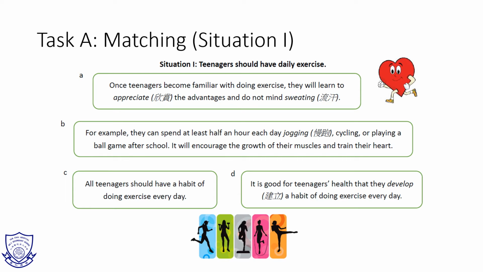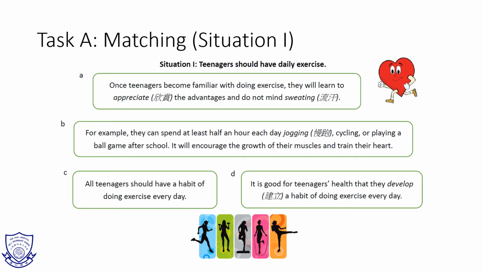Take a look at your worksheet and you should find Task A, Matching. In Task A, you have 2 situations to work with, and I hope that after you do Task A, you have a better idea of the writing model. So here in Situation 1, you see 4 sentences about the topic: Teenagers should have daily exercise.